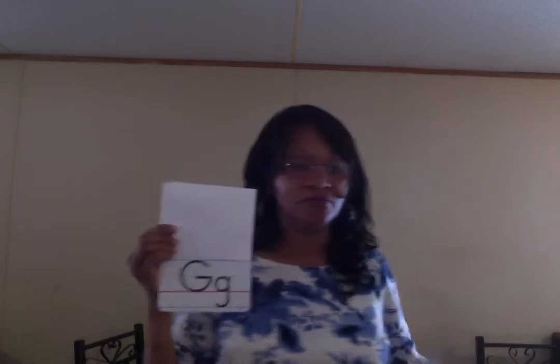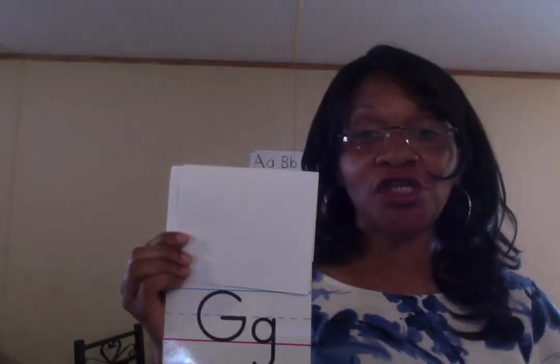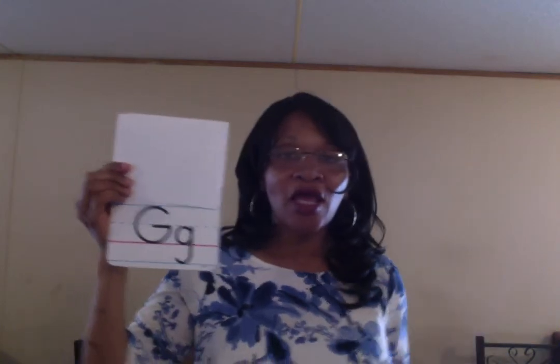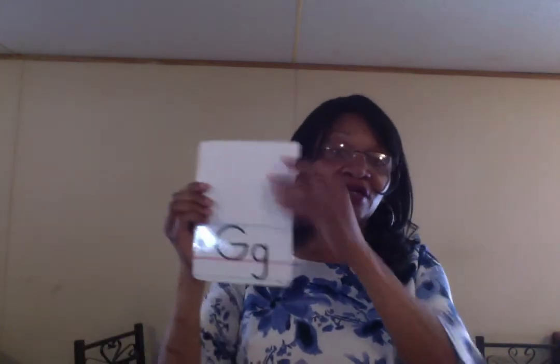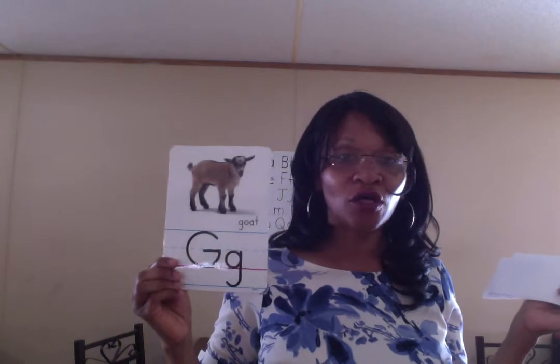Can you recognize this alphabet? This alphabet is G, and the sound that it makes, G. And a word would be goat. And here's a picture of a goat. And what about this alphabet?